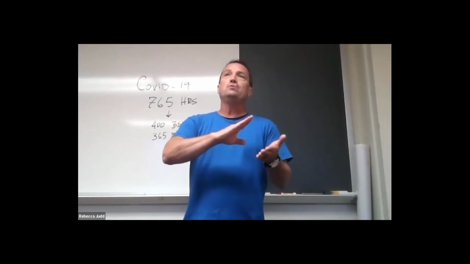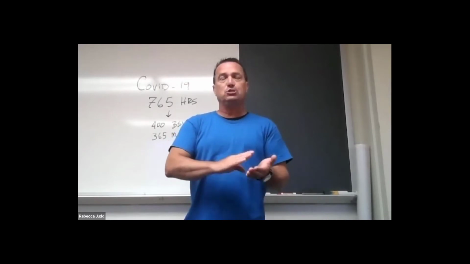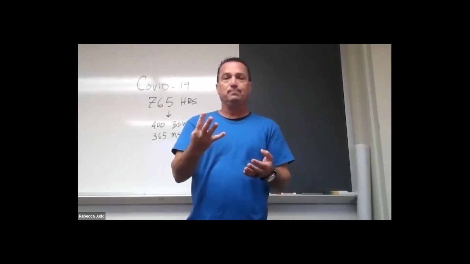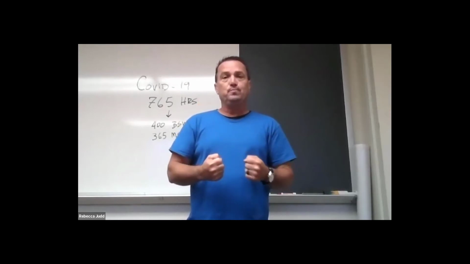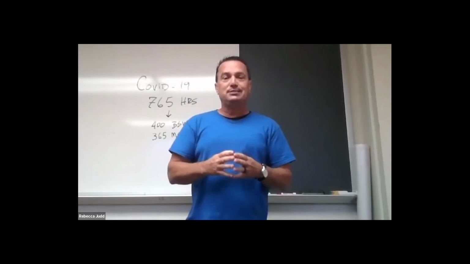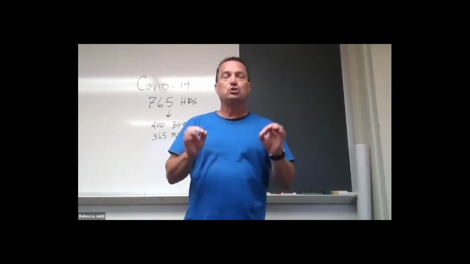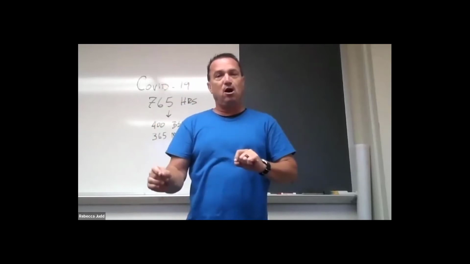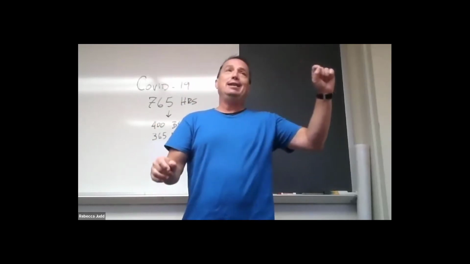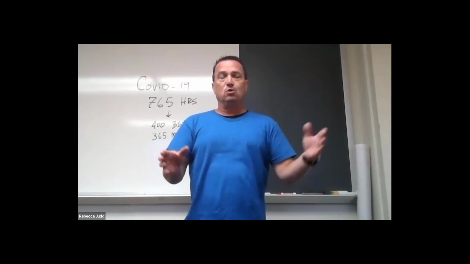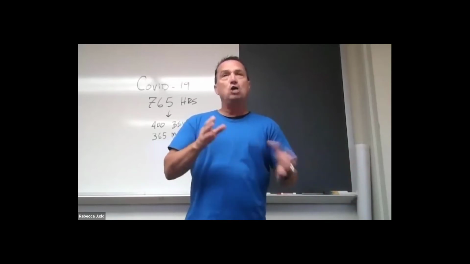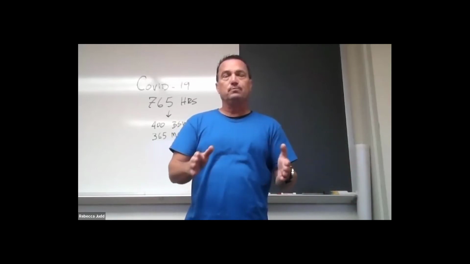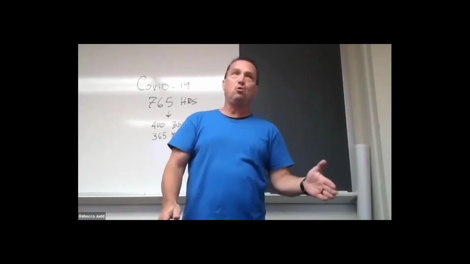The minimum required hours as an undergrad is 400. So that leaves you with 365 clock hours that you have to complete between start of fall and end of May. So end of spring. So that's 183 hours between fall and spring.